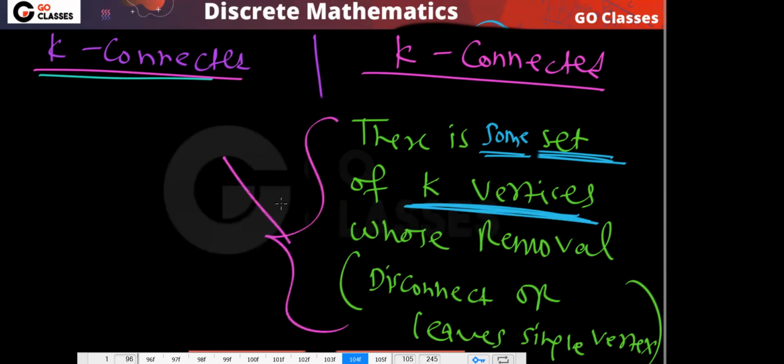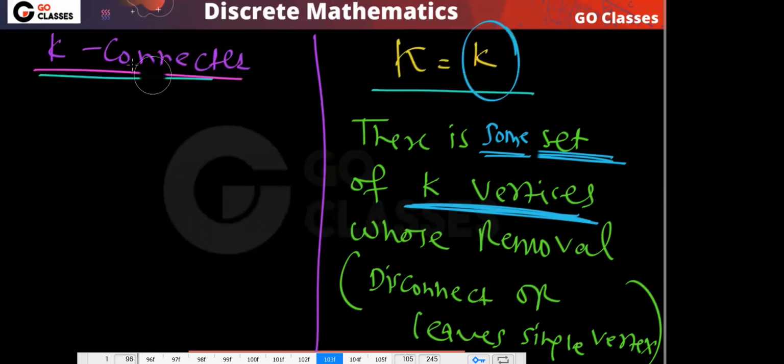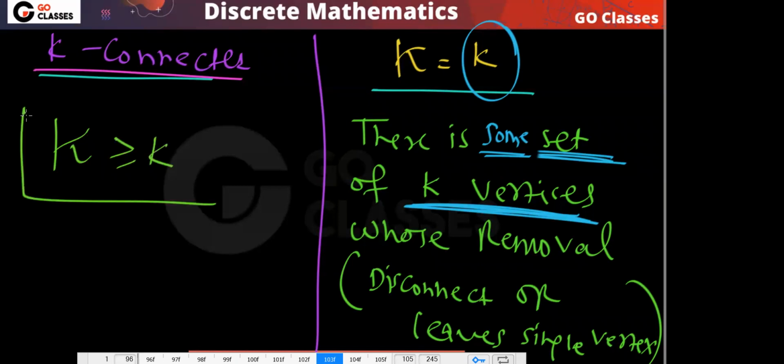For kappa equal to k, we can say this statement. K connected simply means that your connectivity number is greater than or equal to k. It does not mean kappa is equal to k.